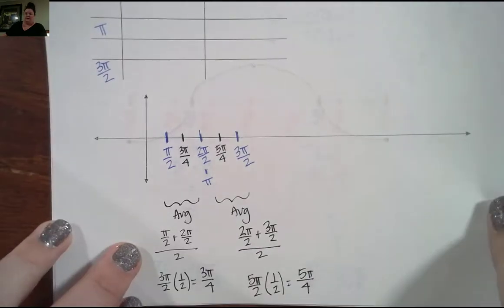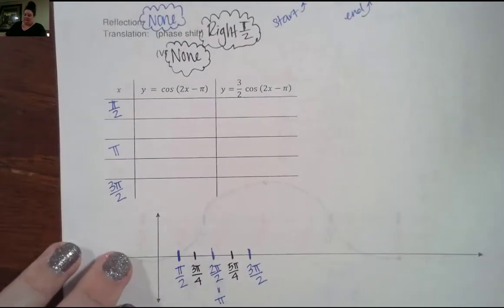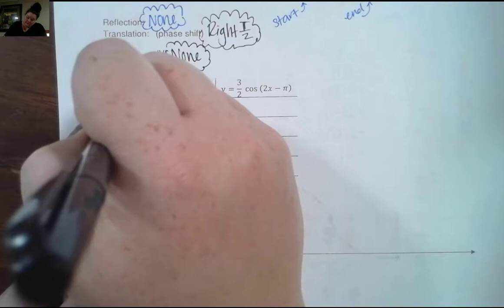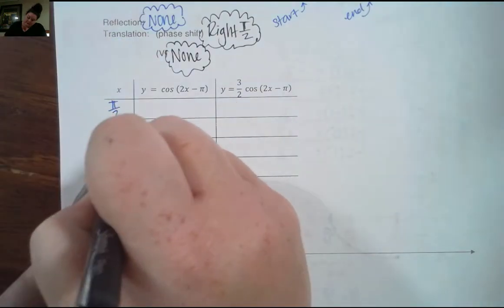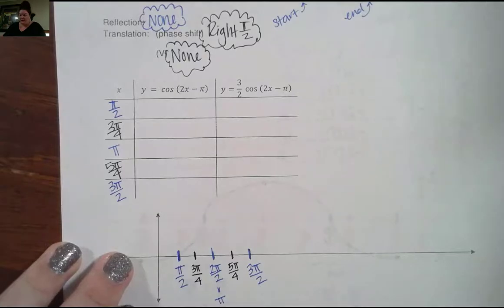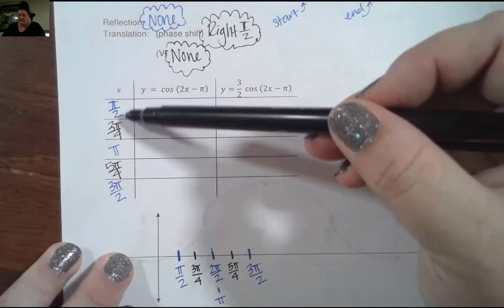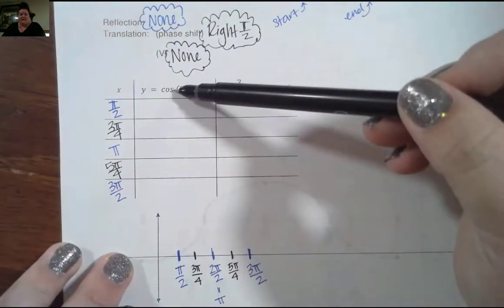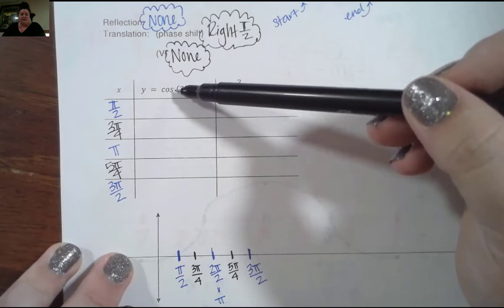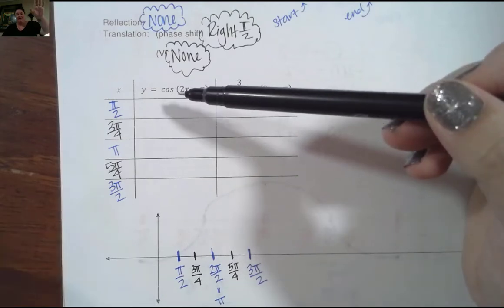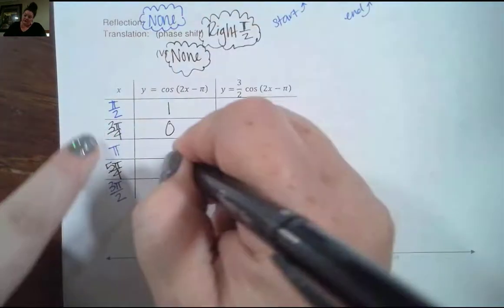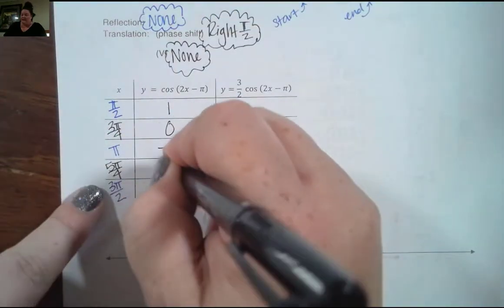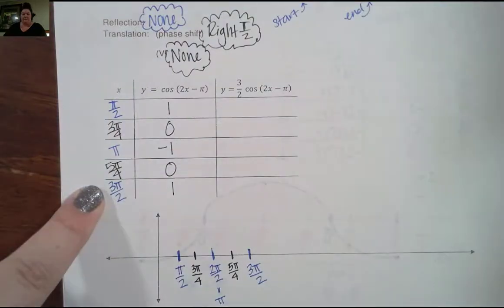All right. So now that we have our points, I'm going to go ahead and label them here. 3 pi over 4. 5 pi over 4. All right, so we already adjusted to use these points so that we get those nice cosine quadrantal values. Cosine, remember, starts up at 1, goes down to 0, then down to -1, back up to 0, and we end up at +1.